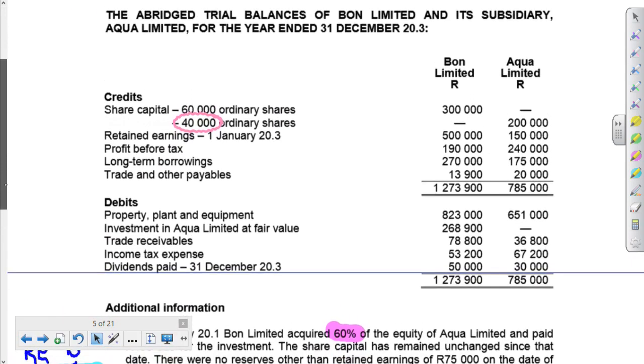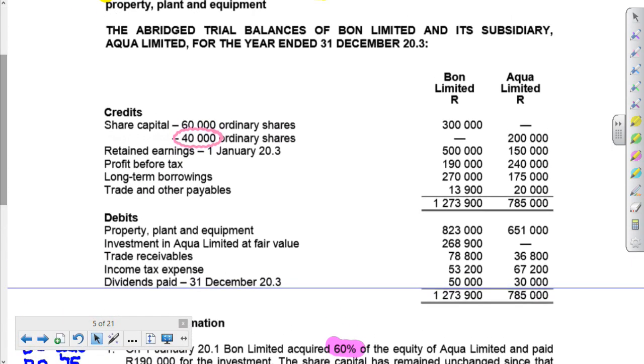So here's the trial balance. Here's the profit before tax, 240. And here's the tax, 67,200. Okay, so what is the profit after tax? Okay, so remove the profit on the machine.